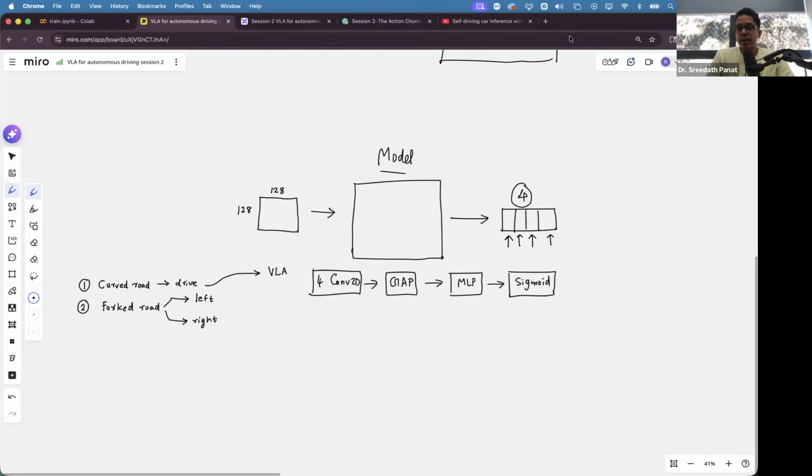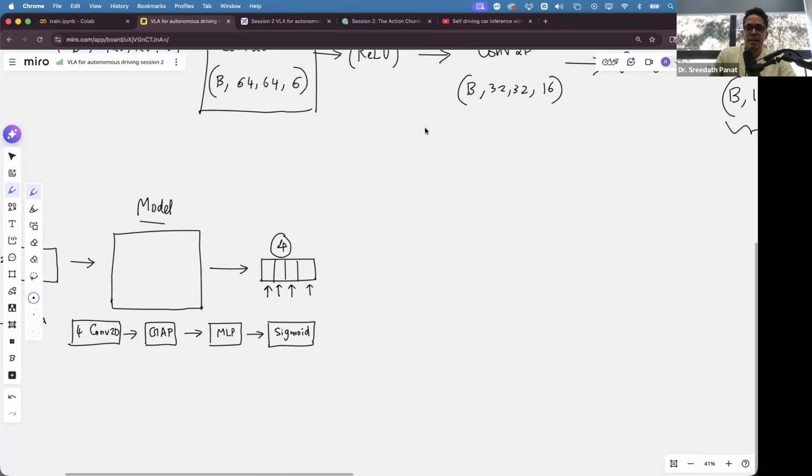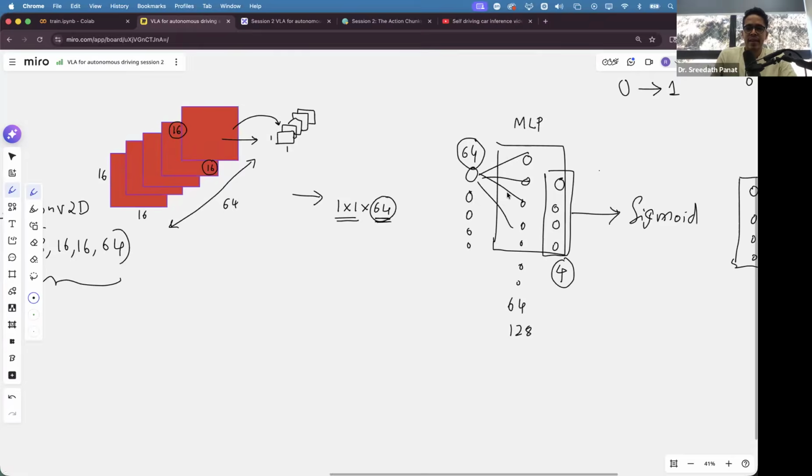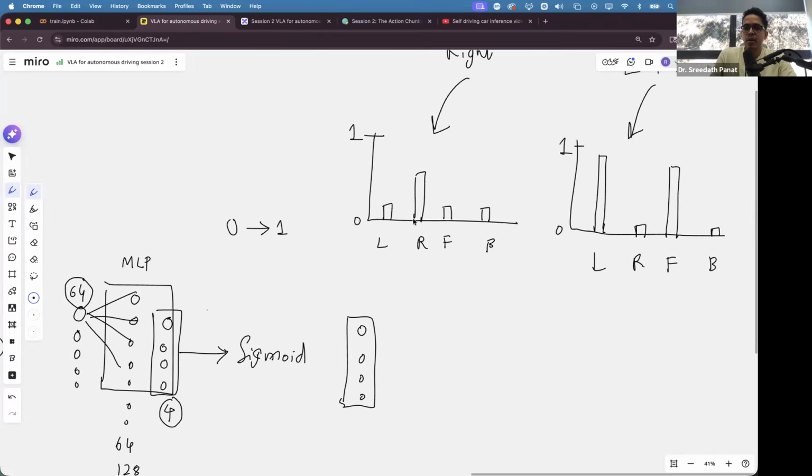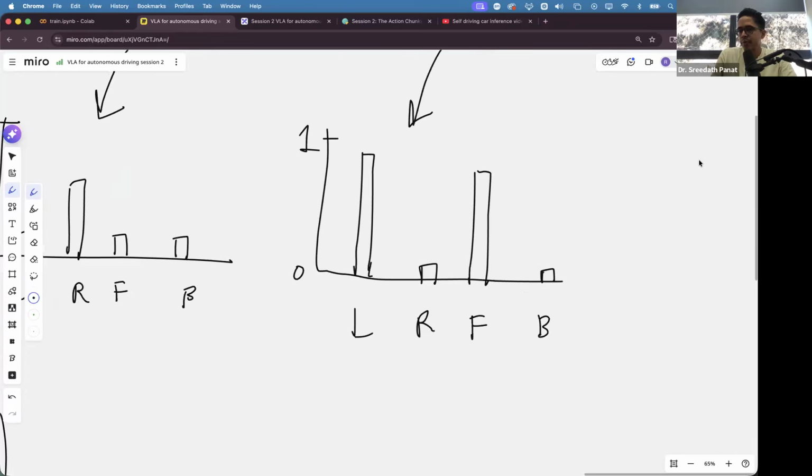This may or may not work really well. So one way for you to test this is, sigmoid is generally used for binary classification, right? Yes, that is correct. And here, what is binary? The binary is, are you going forward or are you not going forward? Are you going left or are you not going left? Are you going right or are you not going right? So that is the binary.